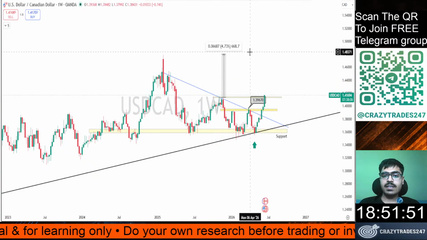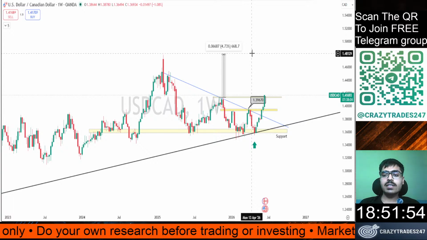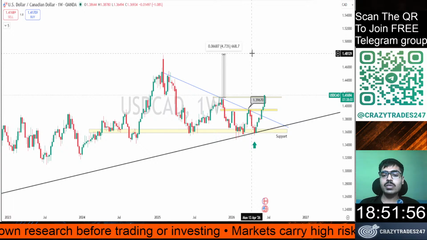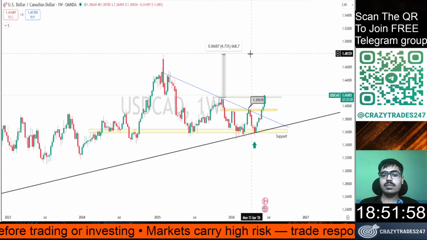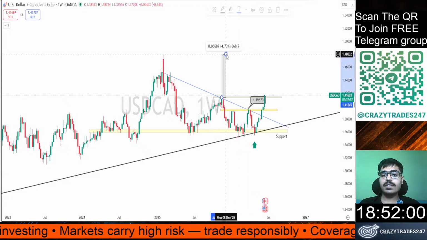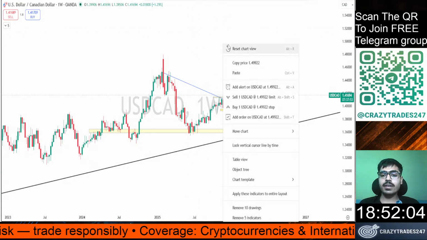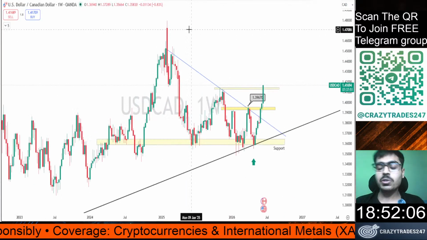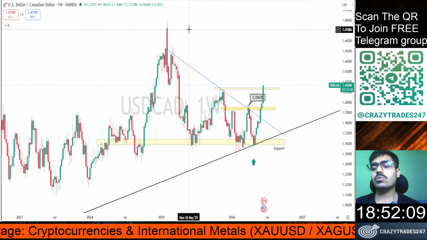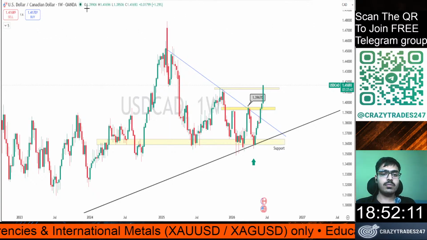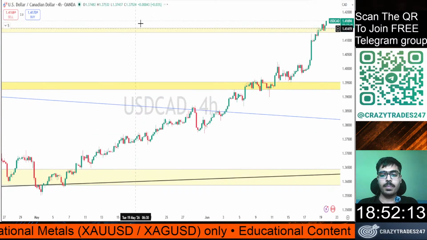Then we might see an up move till this level of 1.4812. It's almost a 670 pips trade. This is huge. This is really a good trade to be in. On USD CAD also, you might want to take some really long-term bets.